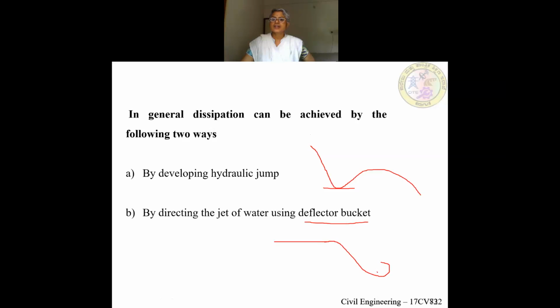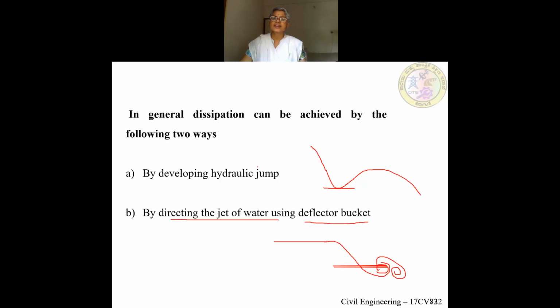Here the water will get deflected like this and then flows, and again it will rotate like this. This causes dissipation of energy. So we use deflector buckets at the bottom of the spillway like this. This will be the shape of a bucket. That is one way of dissipating the energy.